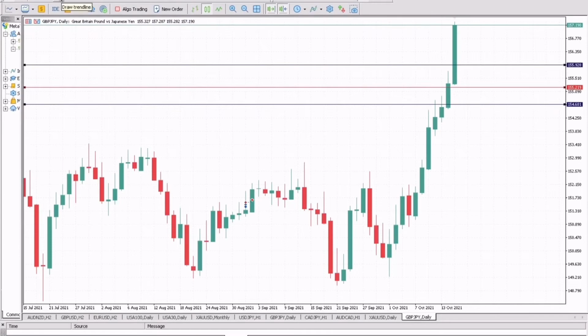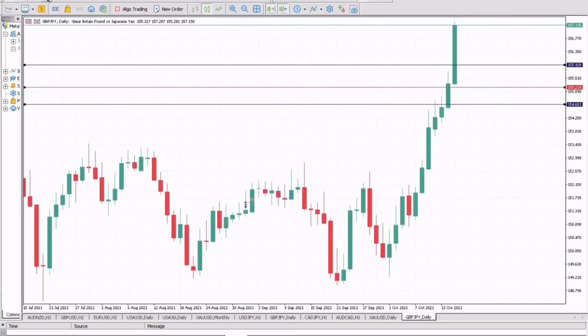And our arrow 3 is 157154. Okay, this is our arrow 3.